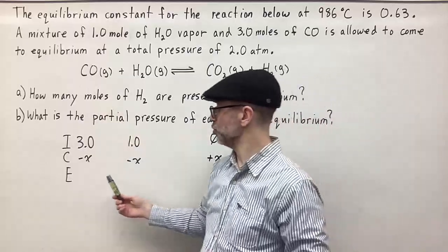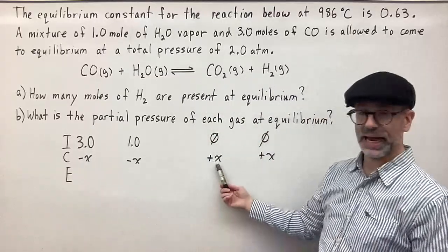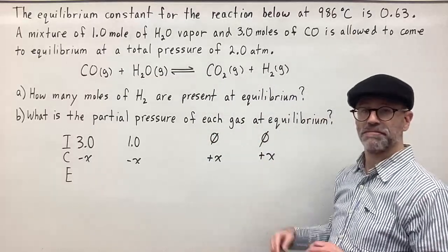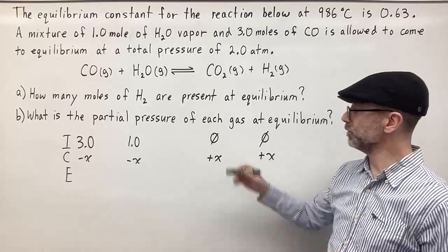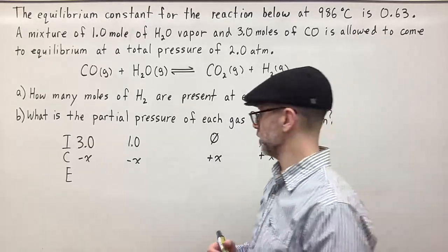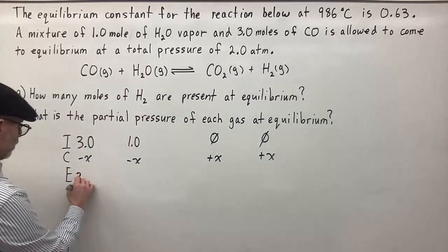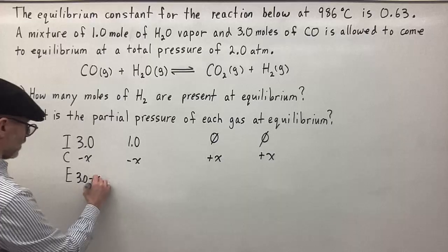So we're going to lose an X amount on this side, 1 to 1, and we're going to gain an X amount here, 1 to 1. Okay? And now we just add these together to get our equilibrium expressions in terms of X. So here we're going to have 3.0 minus X.